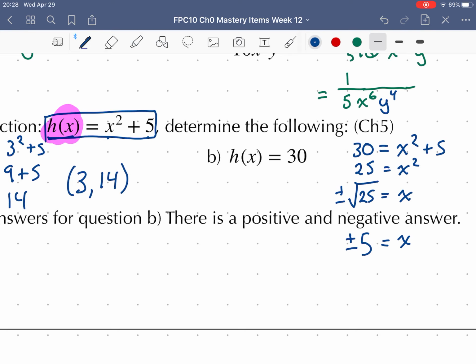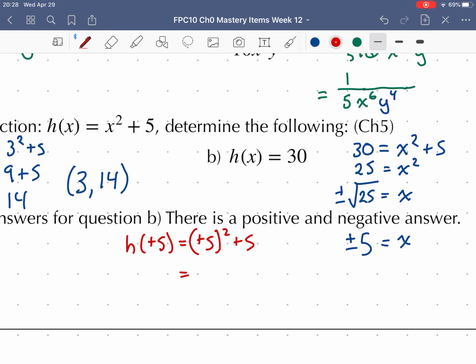Both of them. I'll show you why. If I put plus 5 in it, h evaluated at plus 5, I will get plus 5 squared plus 5, which is equal to 25 plus 5, which is equal to 30. That's plus 5.